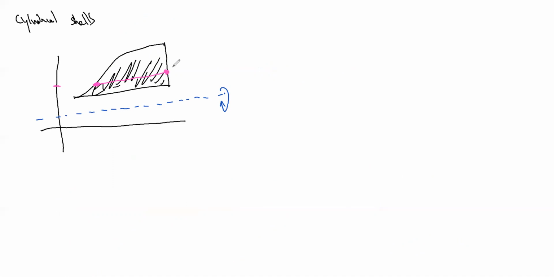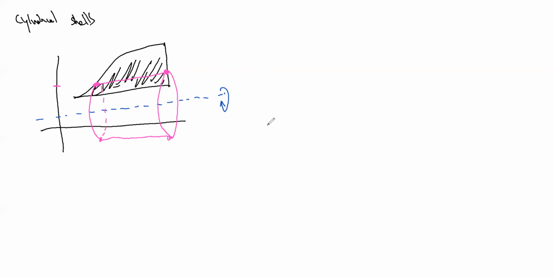And now this is the line segment that we would revolve around the axis of revolution. And that would give us a corresponding cylinder. We call them cylindrical shells because they're hollow cylinders. So it's just the surface area on the outside of the shell, like penne pasta or something like that.